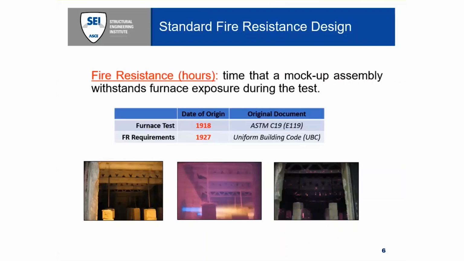It's the time that a mock-up assembly withstands furnace exposure during a furnace test in accordance with the furnace test specific acceptance criteria. It's important to be aware that furnace testing has remained relatively unchanged since 1918, so we've exceeded the century mark on this. And U.S. code requirements for fire resistance date back to the 1927 Uniform Building Code.